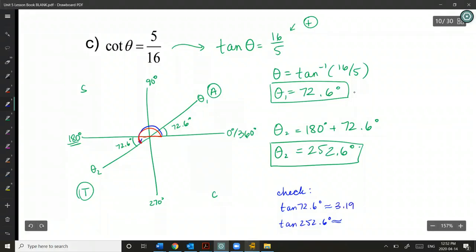So that's close enough to 3.2 for me to be happy with that answer. And it's also positive. That's what I'm looking for, positive 16/5. So I'm making sure that I'm getting the correct signs as well as the correct ratio. Okay, and that one is close enough for me as well. If you leave a few more decimals, you'll get an even closer answer once you plug back in to check.